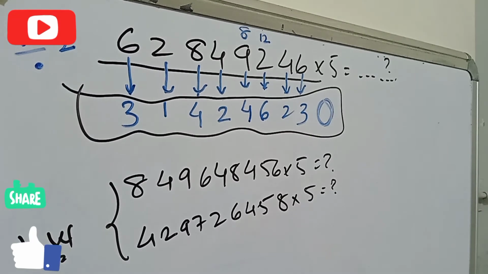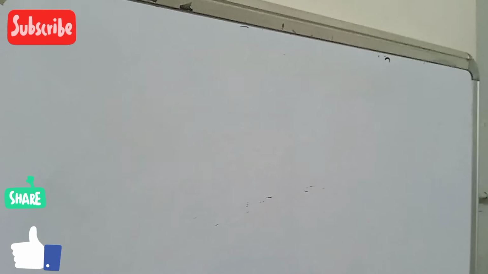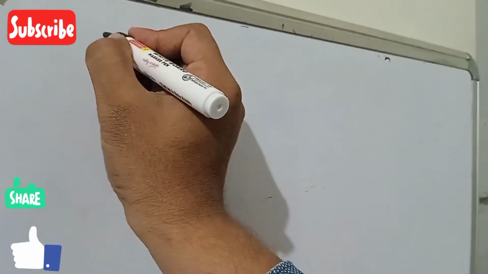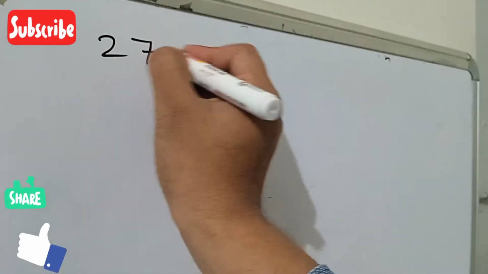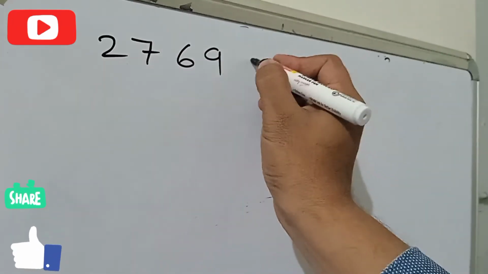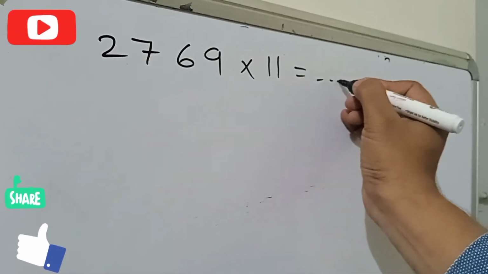Now switch over to the next multiplication. If we are talking about multiplication, we again have this parameter, that is 11. If I am talking about multiplication by the number 11, the example I am taking over here is 2 7 6 9, and you are asked to multiply it by this number.